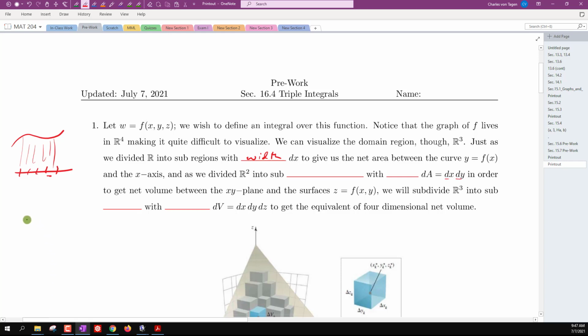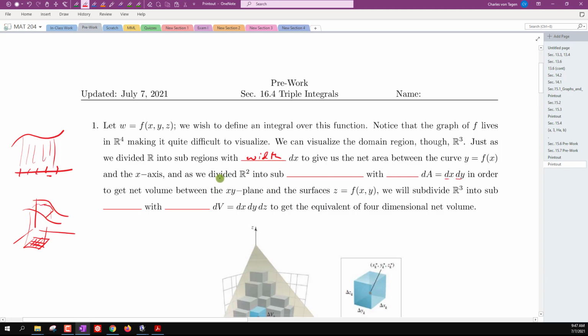And then previously, what we've been looking at in this chapter is taking some region of our xy plane that we think of as the domain space and chopping it up and using that to help us construct the volume over some function in R3.